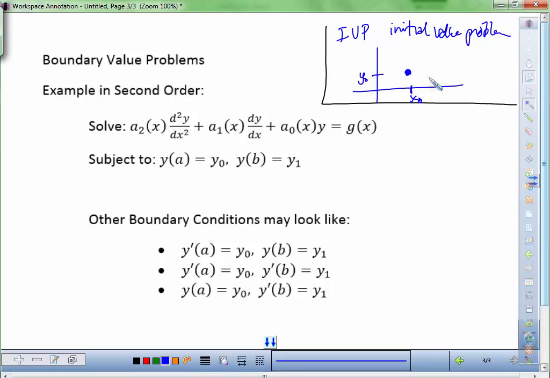So an initial value problem, let's say second order, tells you your starting point, and then it tells you your starting slope. With a starting point and a starting slope, you should be able to figure out how the rest of your graph is going to go. So that's an initial condition. And remember, the existence and uniqueness theorem applies to the initial value problem.